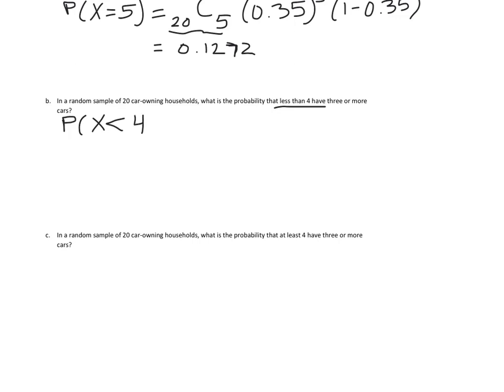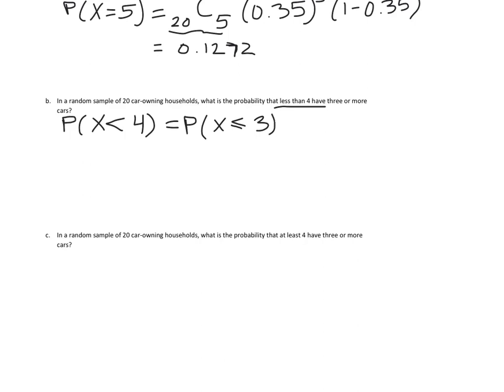All right, and then we can rewrite that. Because we have a discrete random variable, it's all countable. So we don't have to write less than 4. We want to do less than or equal to. We want to be including our value because it's discrete. So less than 4 is really less than or equal to 3, right?